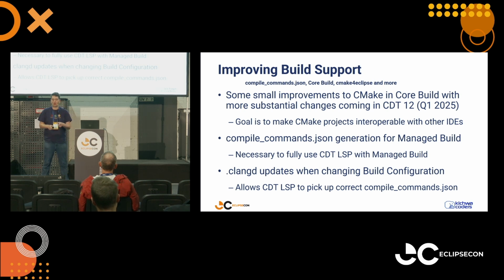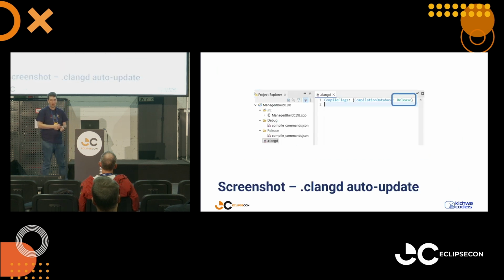And then an additional important part of that is that we want to make sure that CDT LSP is picking up the correct compile_commands.json. So the CDT LSP updates the clangd file automatically for you.